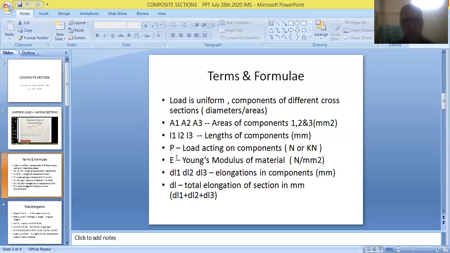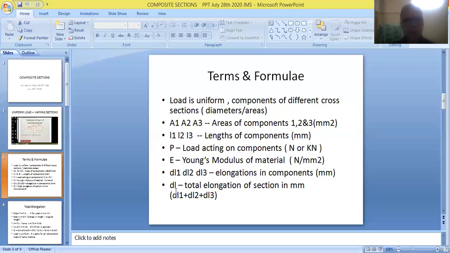So P indicates the load acting on components. Capital E indicates Young's modulus of the material, expressed in Newton per millimeter square. And DL1 is the elongation of the first component, DL2 of the second component, DL3 of the third component. So elongations of the components are to be expressed in millimeters.